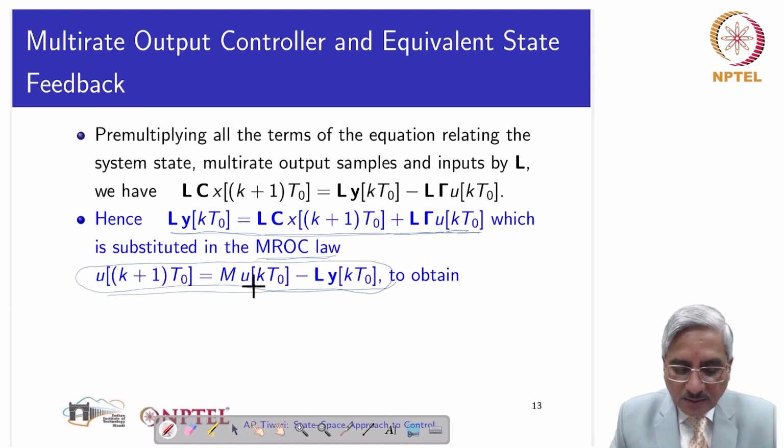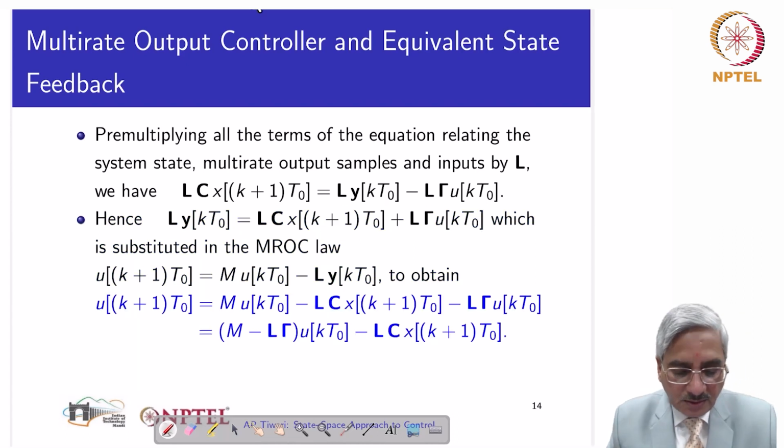So what will happen? The y(kT0) here we have to substitute. So it becomes M u(kT0) was there, and this L y(kT0) is LCx((k+1)T0) and LΓu(kT0). Now we bring the terms of u(kT0) together. So it will become M minus LΓ, bold L into bold Γ, and this one is here.